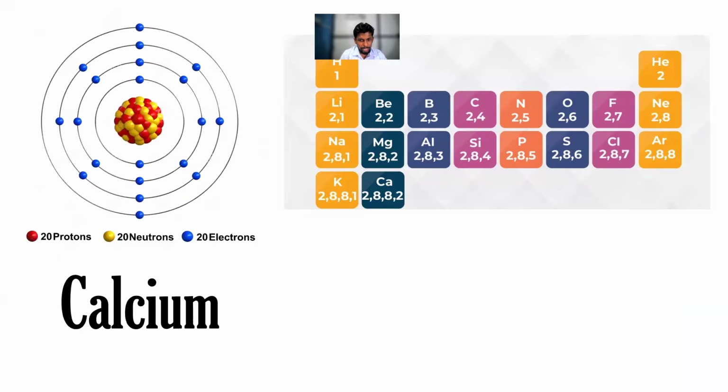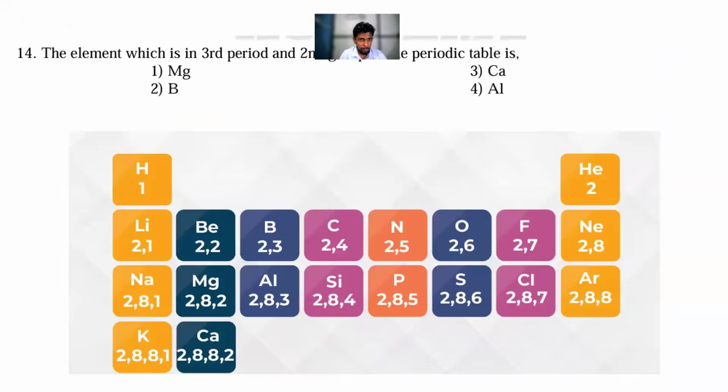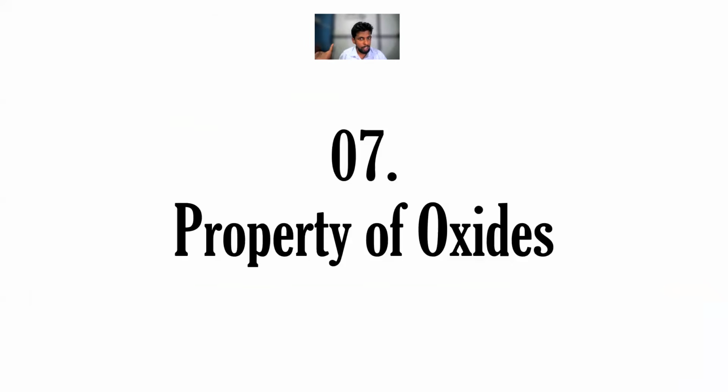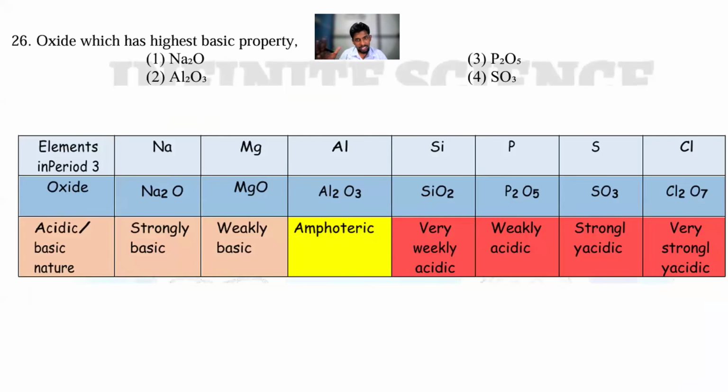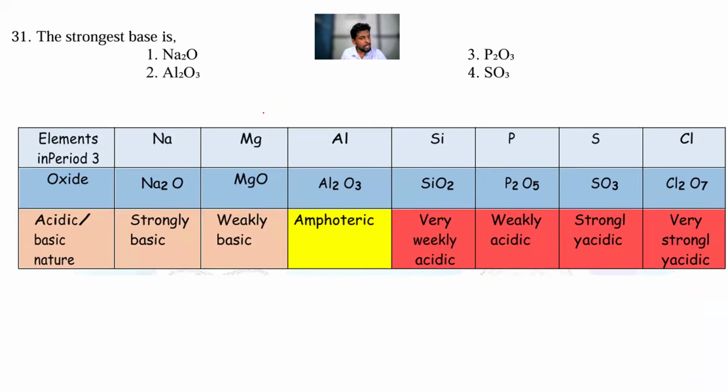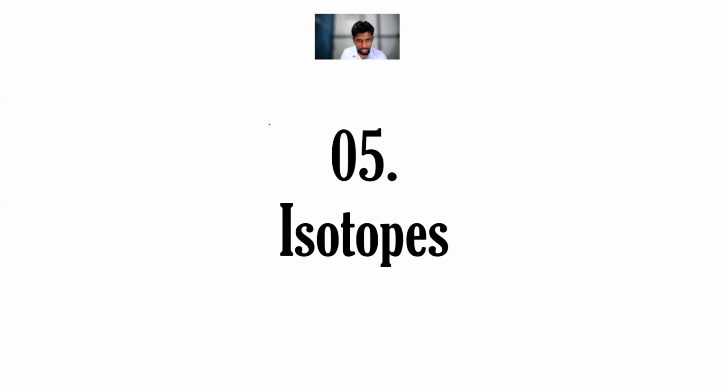Then we did some questions based on the periodic table. After that we discussed the property of the oxides, whether they are acid or base. In question number 29, we had a small confusion because the question is wrong, but we have made the correction. According to the correction, first one is the answer. And we have done some past paper questions from the oxide part. In our next class, we'll discuss the isotopes and all.